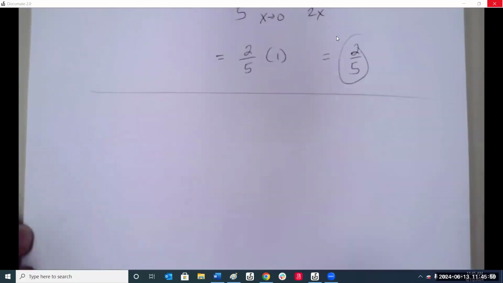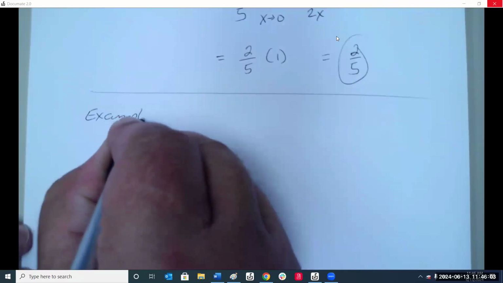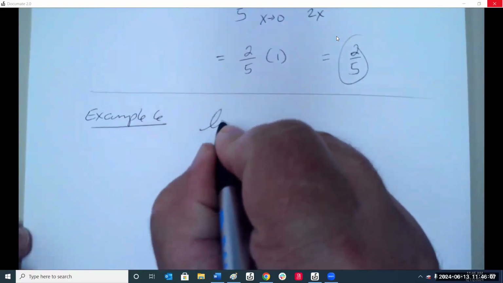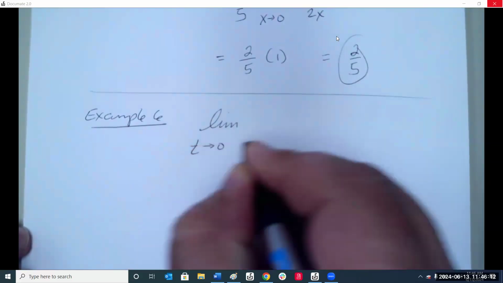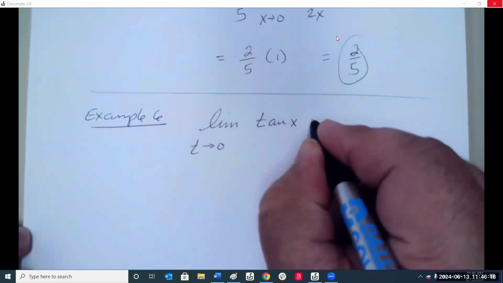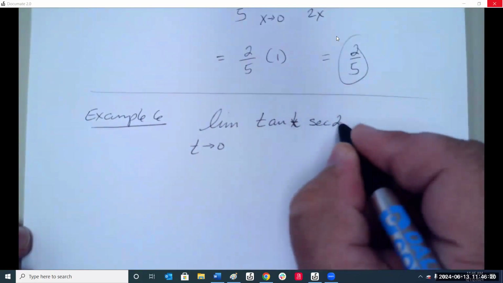Example 6. Find the limit as t goes to 0 of tangent t secant 2t over 3t.